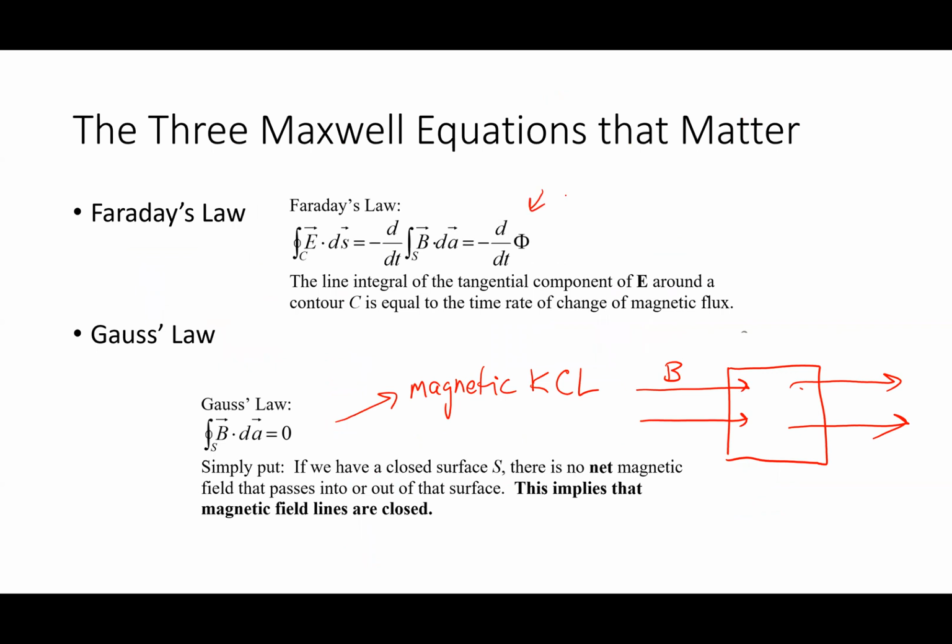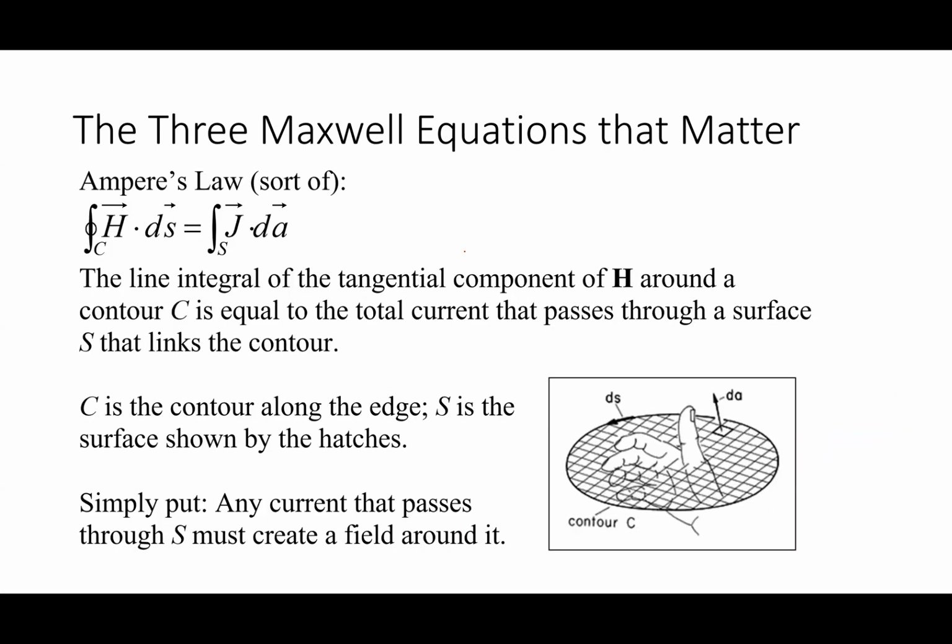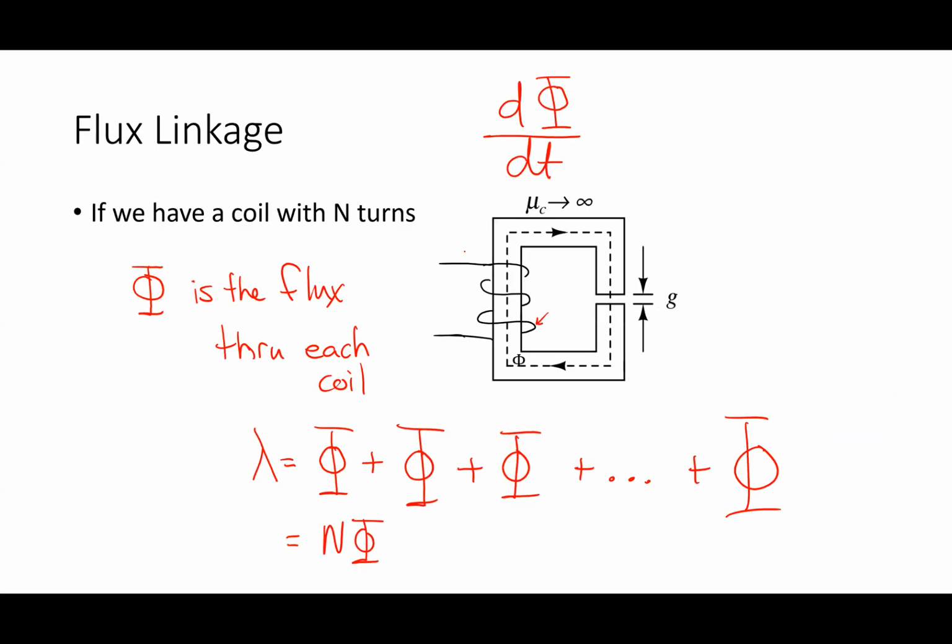Faraday's law tells me that if I have a coil and there is a changing magnetic field going through that coil, then there's a voltage created. If I'm a fields person, I'll say the integral of E dot ds equals negative d phi by dt. I'm not a fields person, so I just like to think of it as d phi by dt is equal to what?